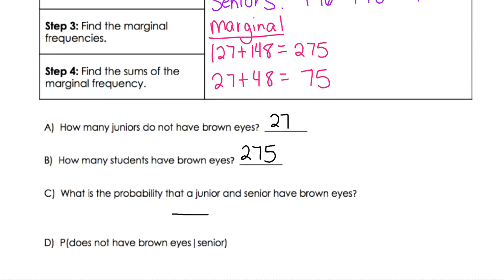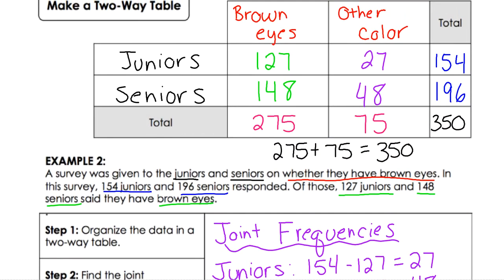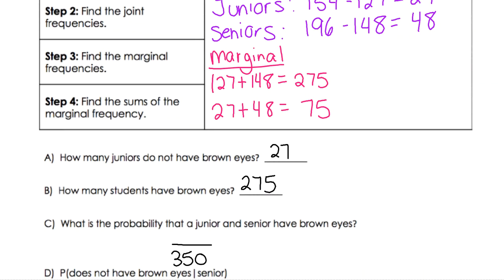So that's out of everybody, my 350 total students that we talked to. How many have brown eyes? My brown eyes was 275 out of the 350 total. If I divide those out, it comes out to about 0.786 or about 78.6% of the students in this survey had brown eyes.